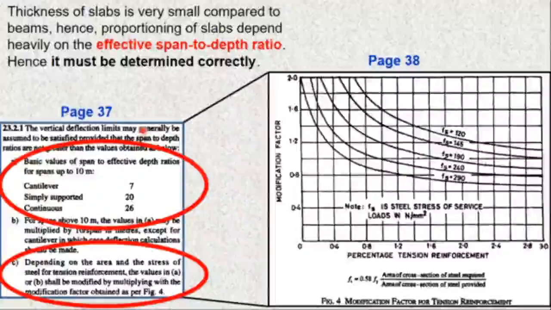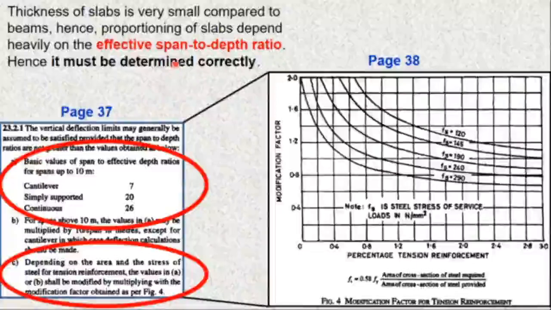We are very much concerned about the deflections in slabs because it is a very thin structural element, and under the application of loads it can deflect and bend very much, unlike beams. So we have to determine the effective span to effective depth ratio very accurately.